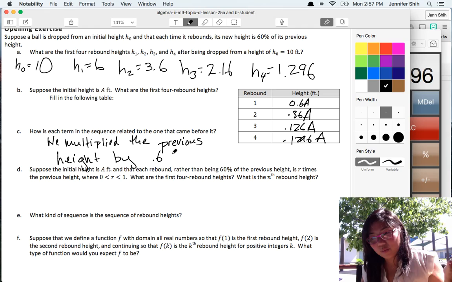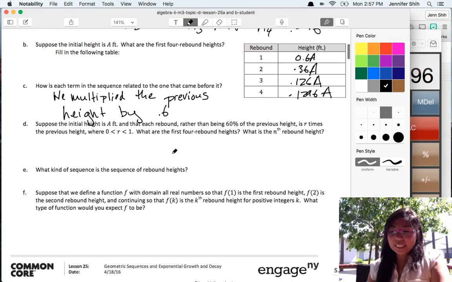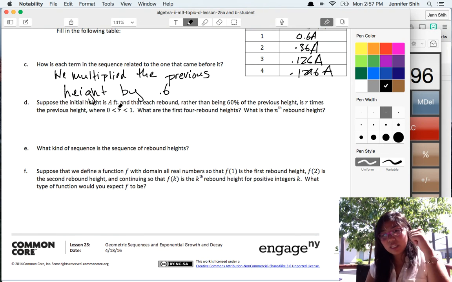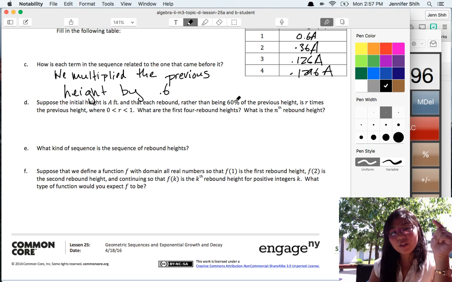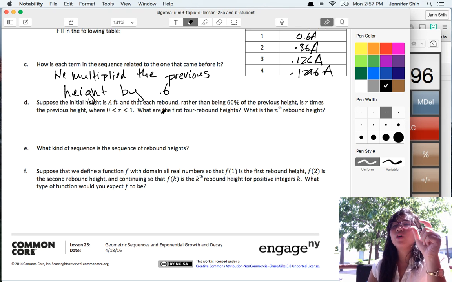It's another way to write 60%. Okay, D. Suppose the initial height is A, good, we did that, and that after each rebound, rather than being 60% of the previous height, is R times the previous height, where R is going to be between 0 and 1. So instead of 60%, we're going to replace it with the letter R so that we can plug in any percent.